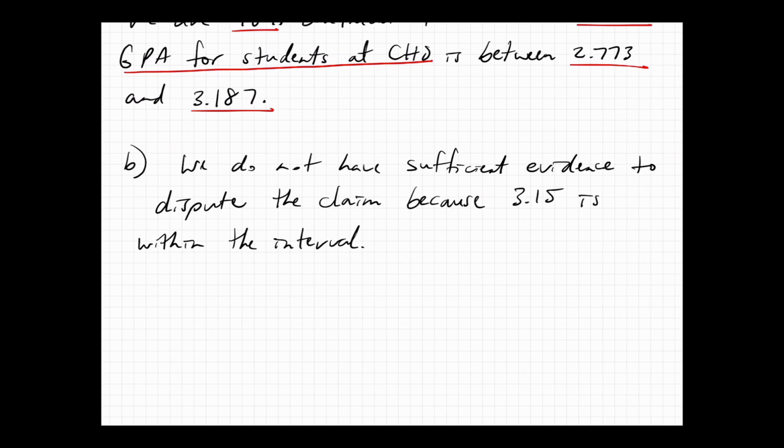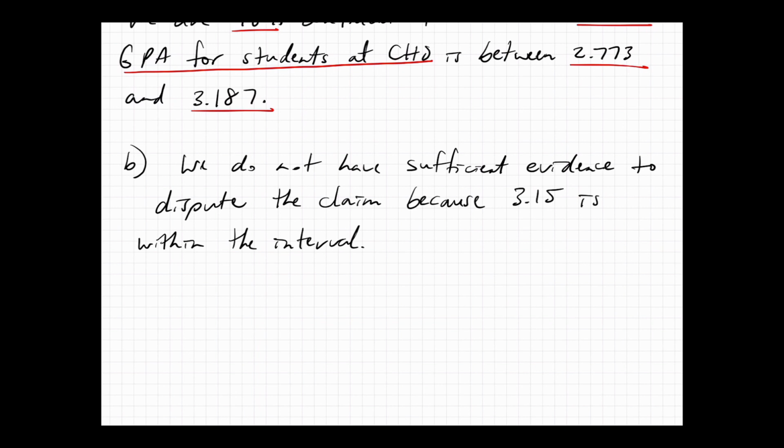So all that's saying is I don't have enough information to say the claim is wrong. I never say the claim is right. It's like court, right? We talked about this last week. You either have enough information to say they're guilty, or you don't, so you say not guilty. We never say innocent. We never say they didn't do it. We just say there's not enough evidence to show that they did it.